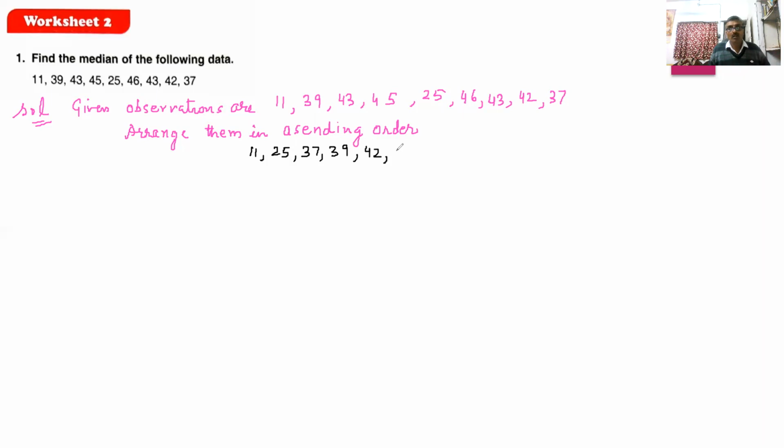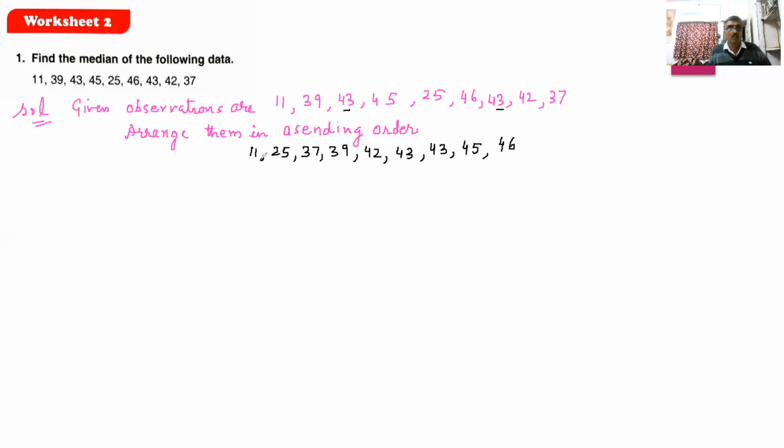Then 43. 43 कितनी बार आ रहा है? एक बार ये है, एक बार ये. 43 2 टाइम आ रहा है, तो 43, जितनी बार आ रहा है उतनी बार लिखना है. ठीक है. After 43, 45 is there. After 45, 46. Count the number of terms.